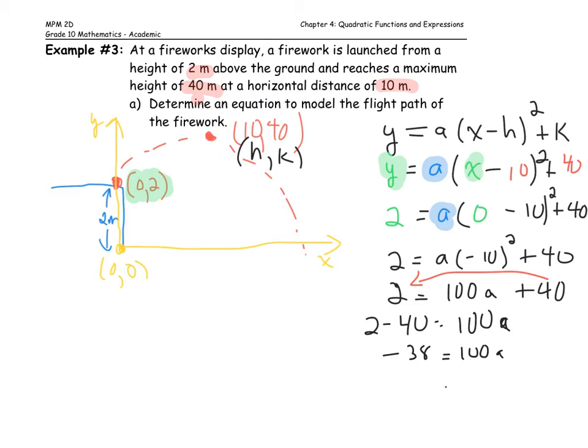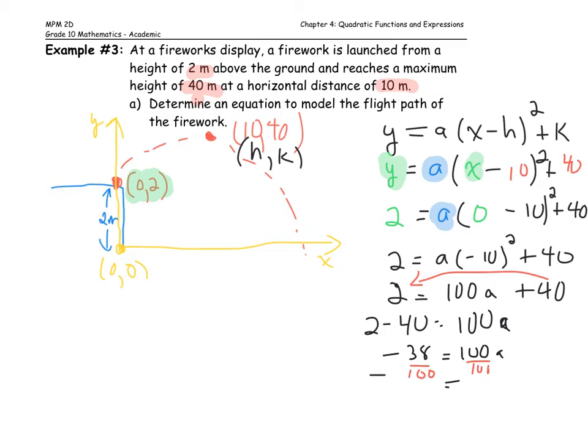Now, at this point, I'm going to isolate my A by dividing by 100 on each side, and I can see that the value for A that will result will be negative. So I have negative 38 over 100. In this case, it's a word problem, and so keeping that value as a fraction may not matter.